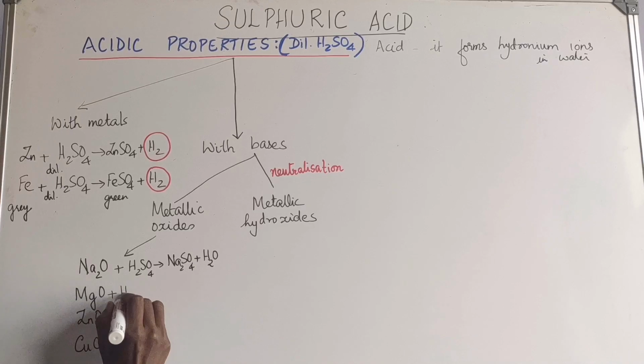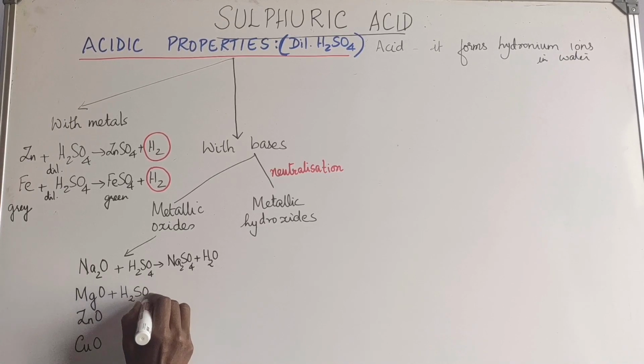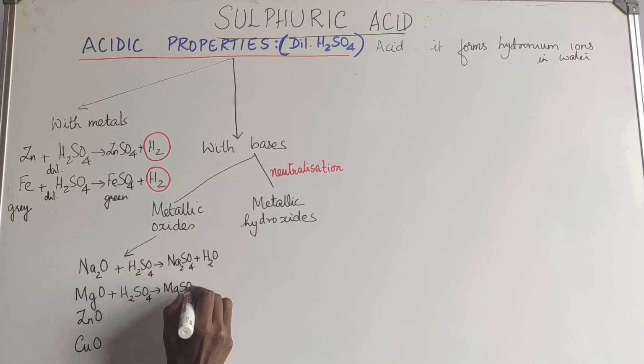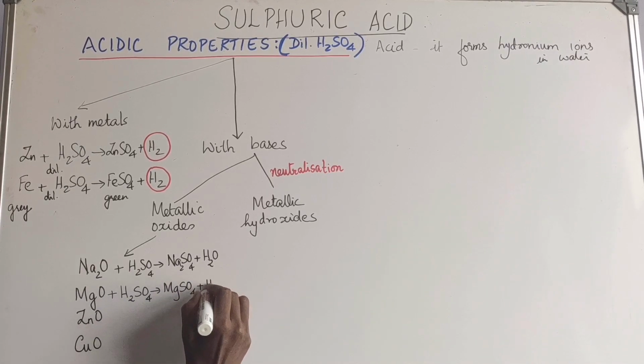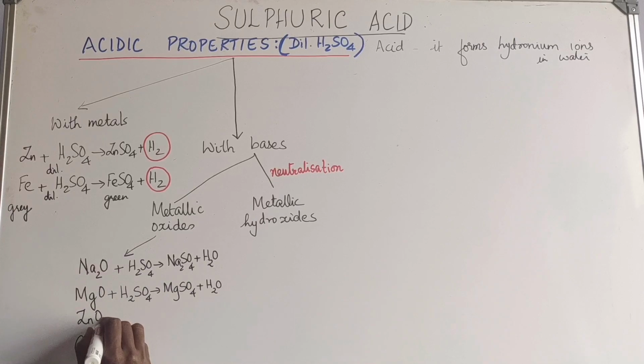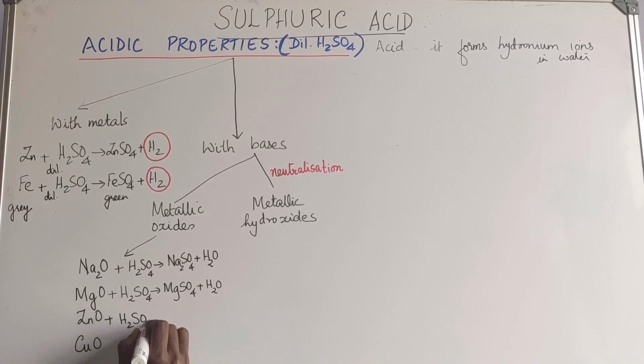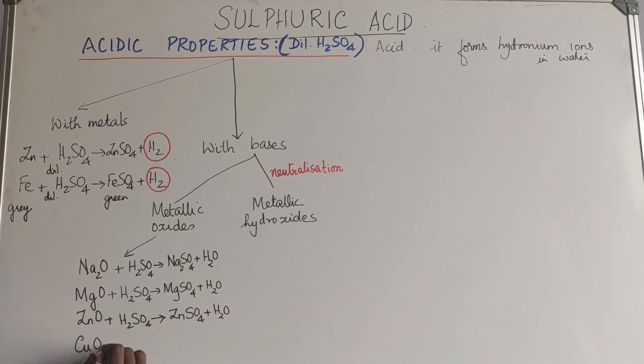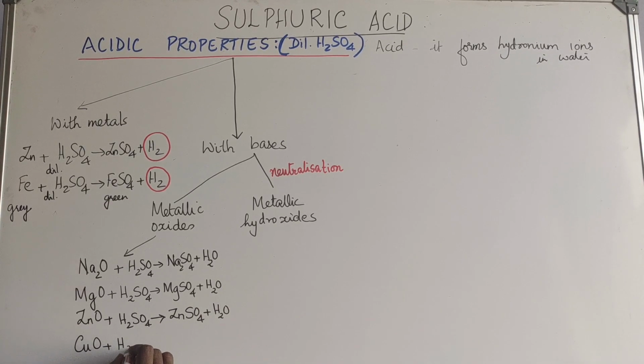Magnesium oxide also reacts with sulfuric acid to give magnesium sulfate plus water. These are simple neutralization reactions. Copper oxide plus sulfuric acid gives you copper sulfate plus water.